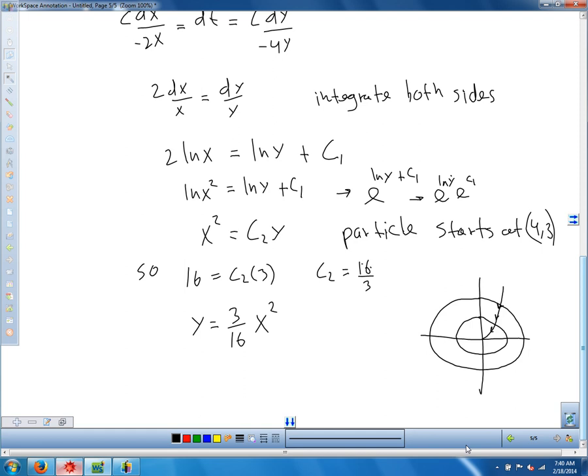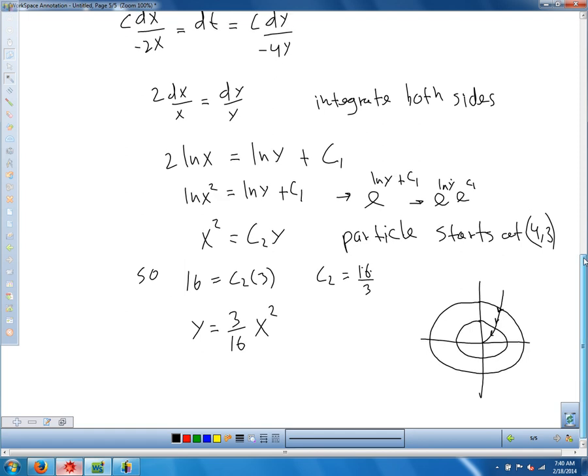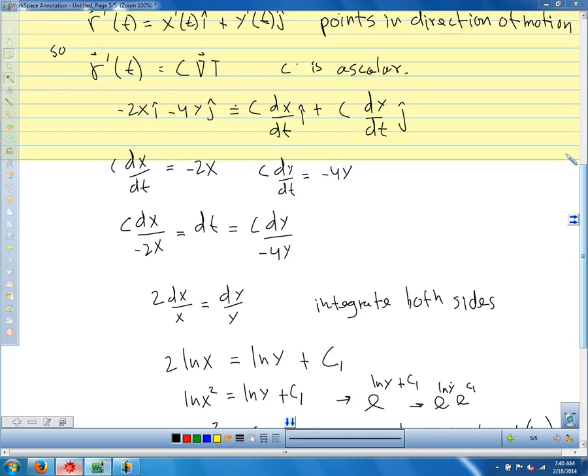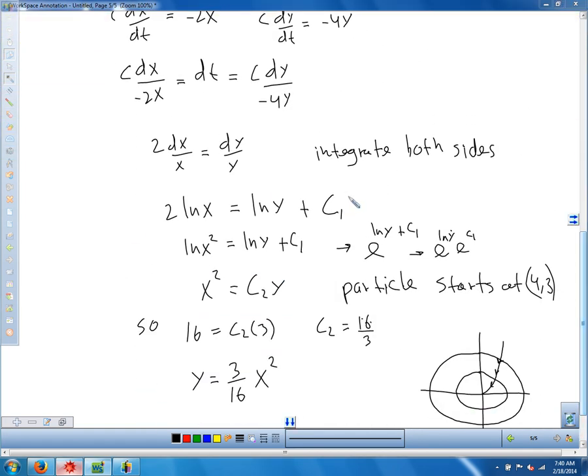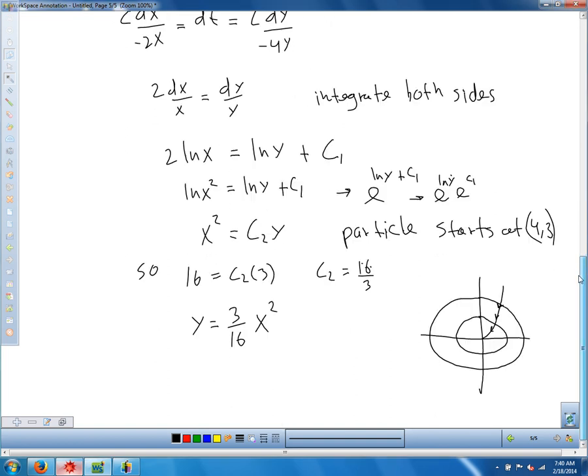I love these problems. Because we have the gradient, we have vector valued functions with r and r prime, we have a separable differential equation. All these things combined into one nice problem.